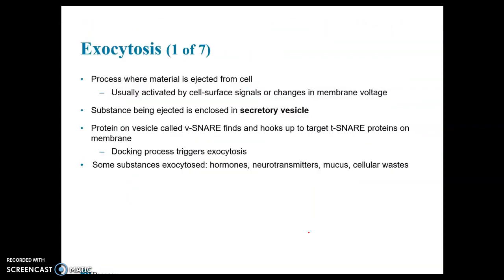Okay, so the next part is exocytosis, and this is the process where material is ejected from the cell. Sometimes we call it secretion, and the vesicle that moves the substances outside the cell is called the secretory vesicle.